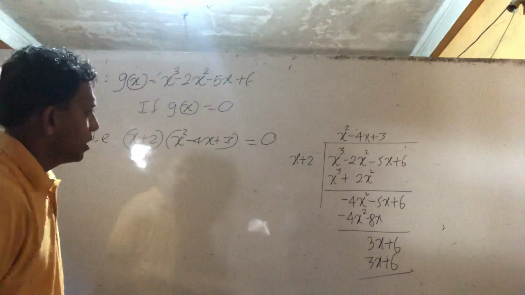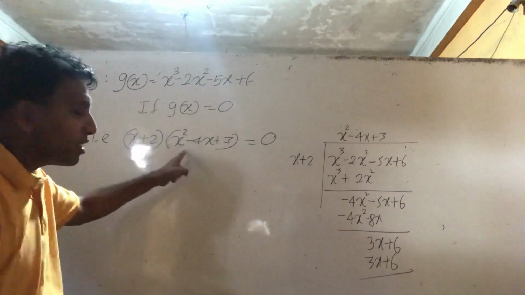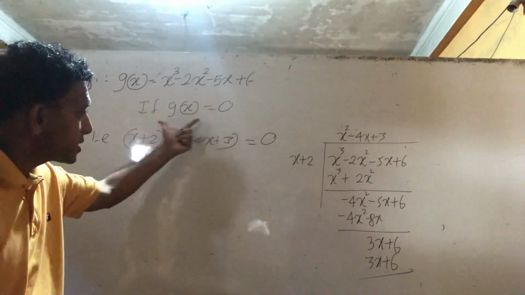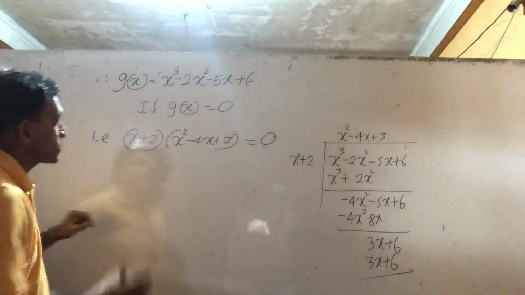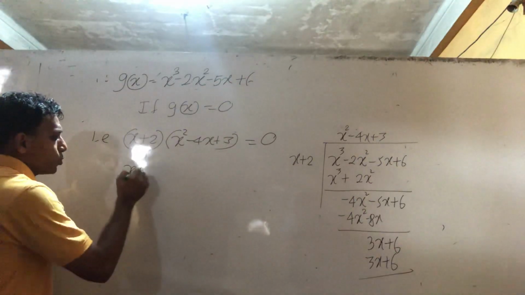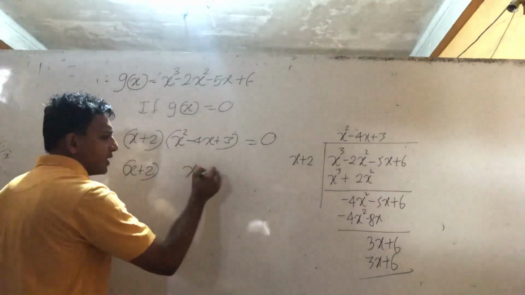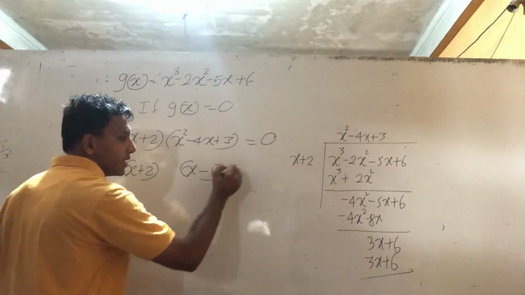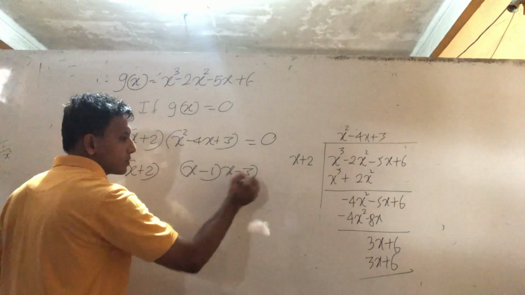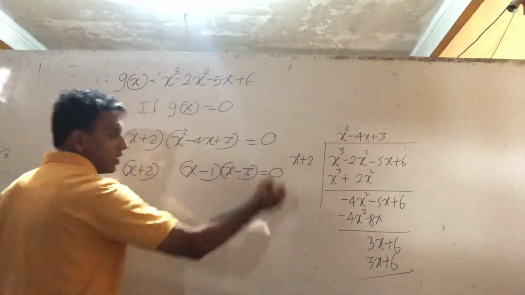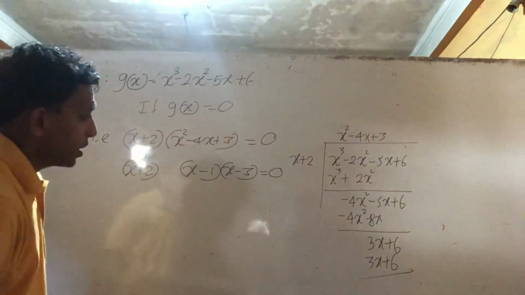Simple maths. See, is it possible to factorize again? Your oral maths can factorize this. So x square minus 4x plus 3 can be factorized: x minus 1, x minus 3 equal to 0. Okay.